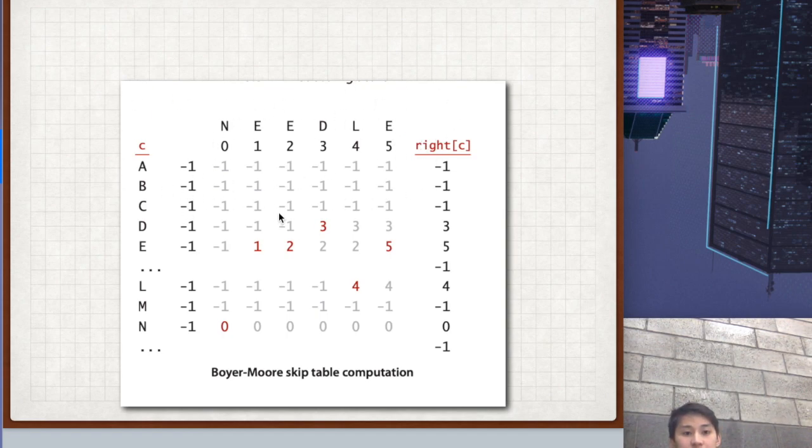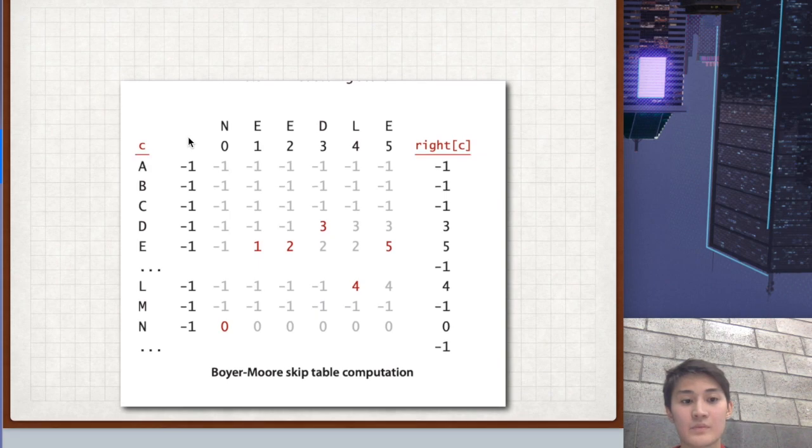consider this example. At first we need to create a right array and add to it all the characters of the alphabet, then give them an index. If our character, like A, B, C, isn't in our pattern, we give it index -1.